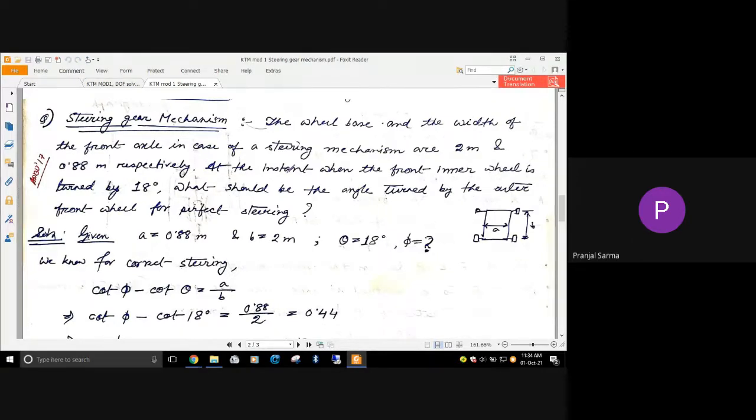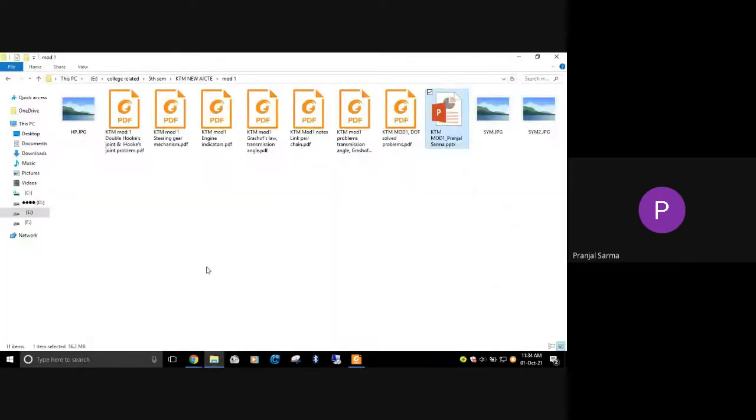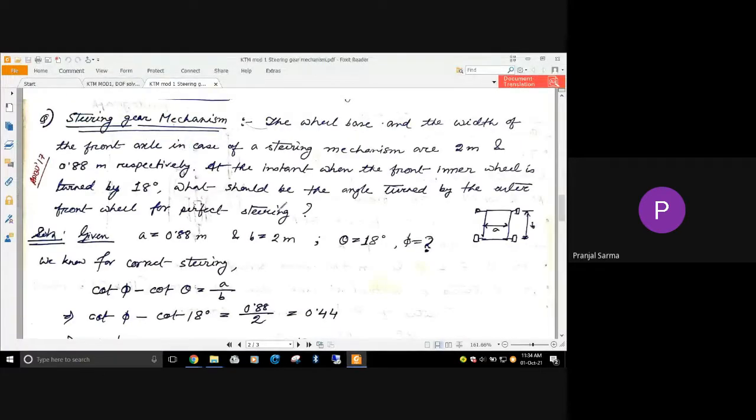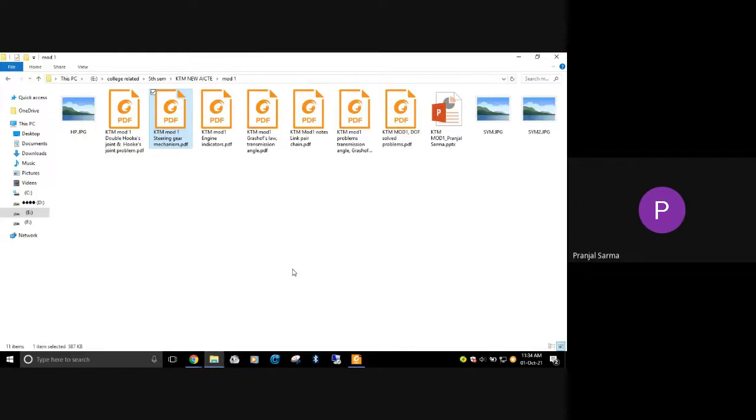There was one expression for correct steering. The condition for correct steering was cot phi minus cot theta equals A by B. Yes, you recall that steering gear mechanism problem.